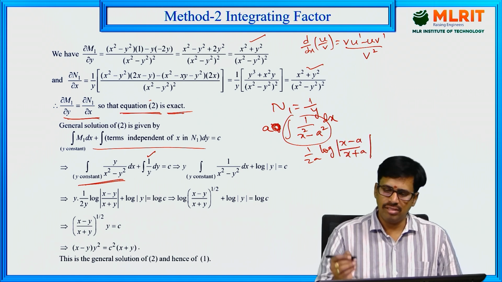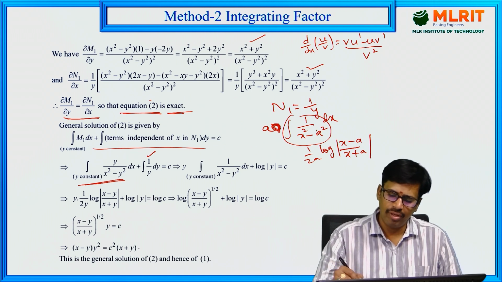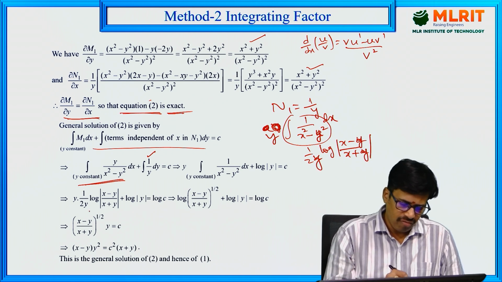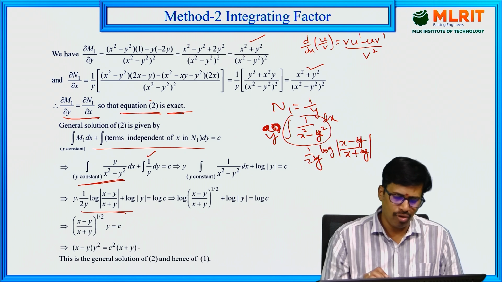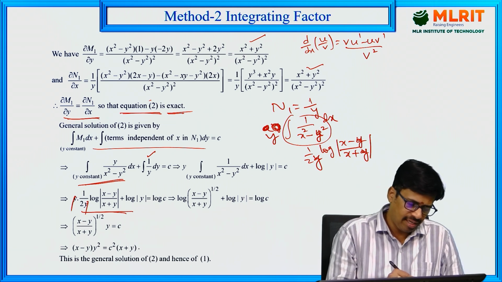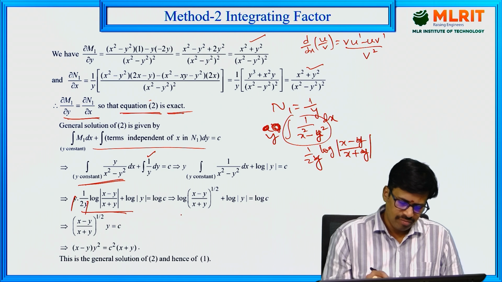After writing this, now replace a with y. Here in place of a, just write y so that you won't get confused. So here 1 by 2y log mod (x minus y) by (x plus y). This y and y get cancelled. So we get 1 by 2 log (x minus y) by (x plus y).